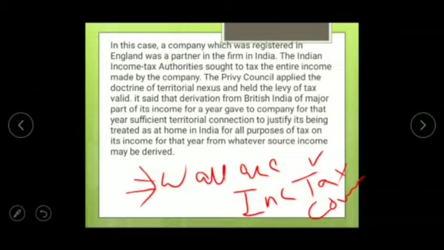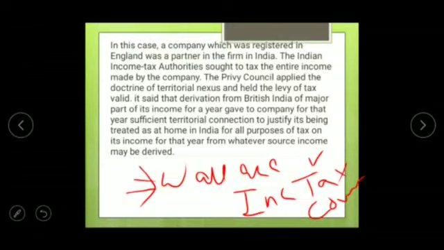Now what did the Privy Council say? It applied the doctrine of territorial nexus and held that the levy of tax is valid, that levying the tax on the company is valid.